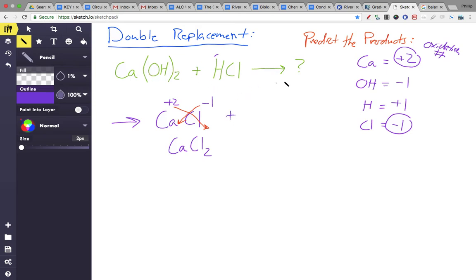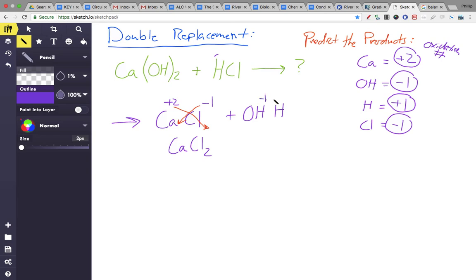Okay, let's do the same thing for the other part of this reaction. We also have hydroxide looking for a partner. And again, hydroxide is negative, so it's looking for a positive partner. This is a great match between hydroxide and a lone hydrogen atom. So you'll have hydroxide and hydrogen coming together.